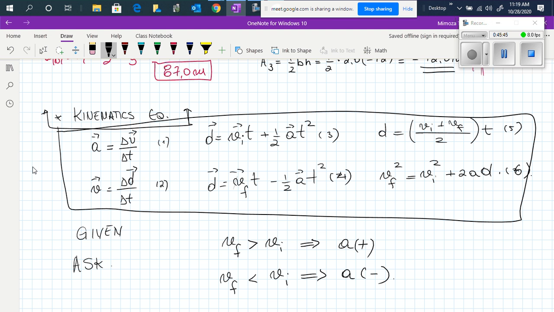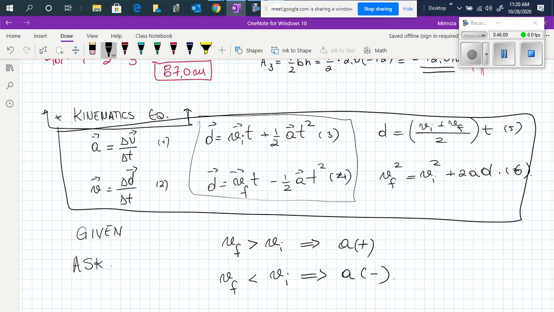Very often what you will see, especially when you are using equation 3 and 4, is that V initial is equal to 0, or if you are using 4, V final is equal to 0. How will you know this? The question will say starting from rest or going to stop.